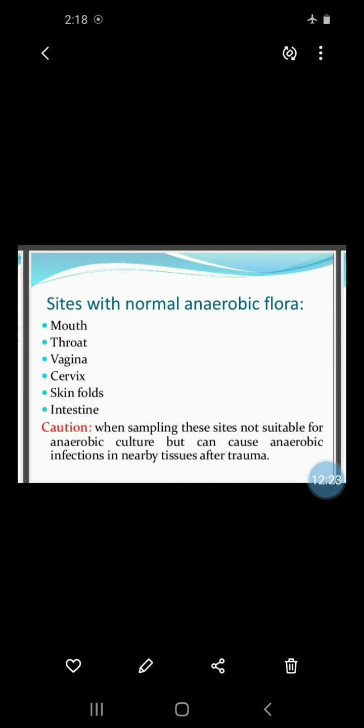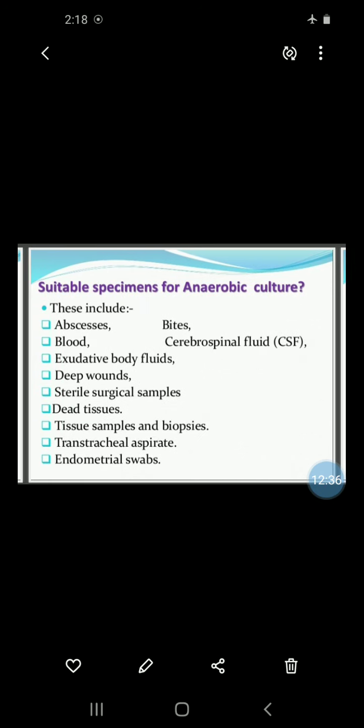It means when sampling, these sites are not suitable for anaerobic cultures, but can cause anaerobic infections in the nearby tissue after trauma.